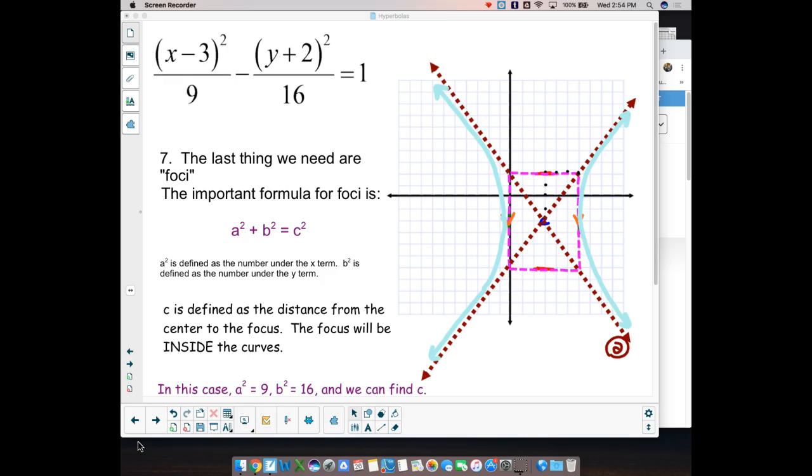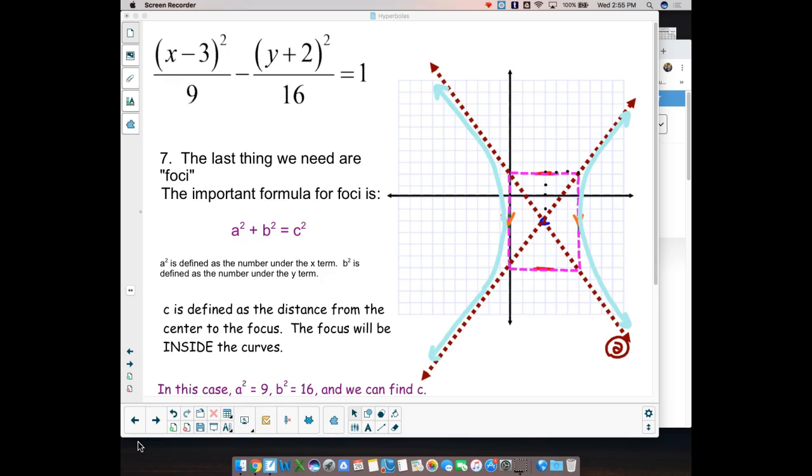The important formula for these foci is a squared plus b squared equals c squared. Okay? I've seen that before. Pythagorean theorem. A squared is, again, the number underneath the x term.